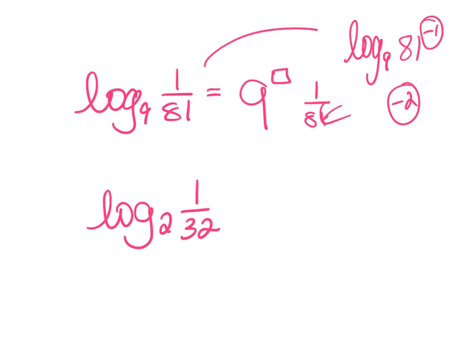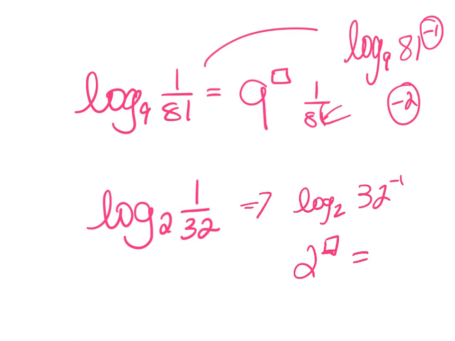So here, I could rewrite this as log base 2 of 32 to the negative 1. What does that mean immediately when you see a negative? It's a fraction, right? When you see a fraction, you think negative exponent. So 2 to what power would give me the positive whole number 32? 2 to the 5th power?